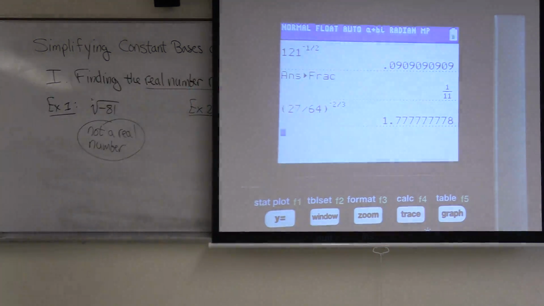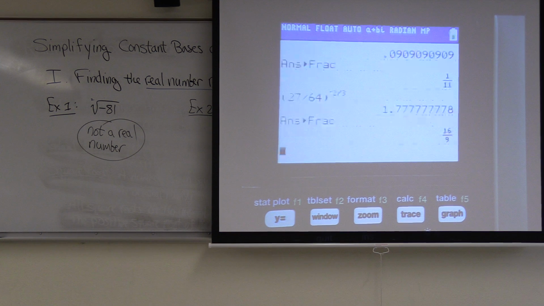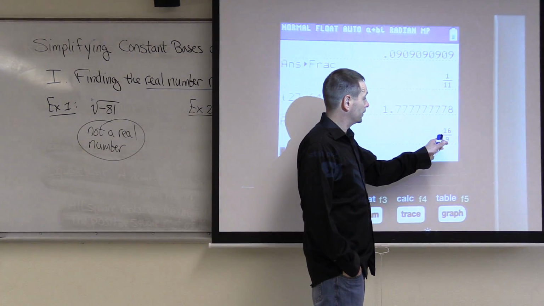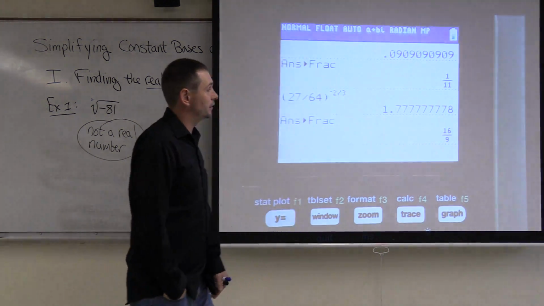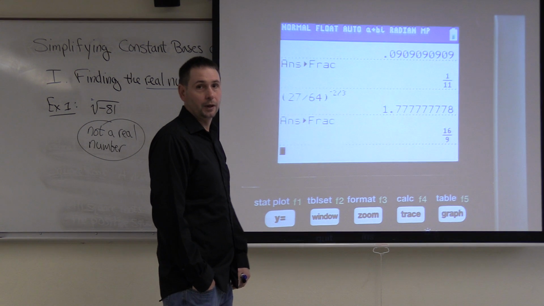And so then I'm going to hit math, F to D, and you get 16/9, which is what we should have by hand. Now your TI 30X2S will generally give you this in a mixed number form, so it'll say 1 and 7/9. That's okay, or you can switch it to the improper.